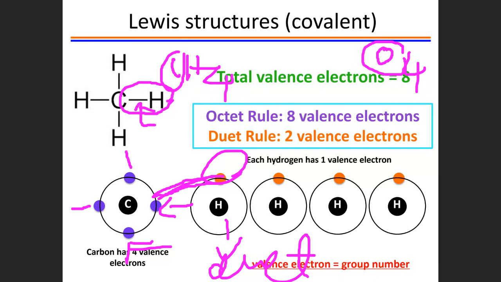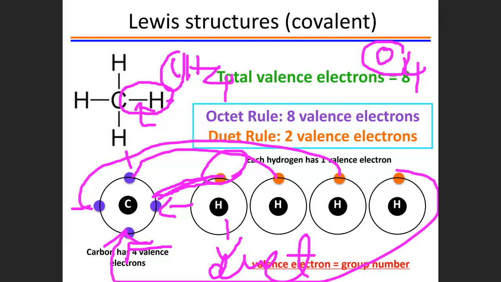So this line represents 2 electrons: 1 electron from carbon and 1 electron from hydrogen. Make sense? Similarly, since carbon has 4 electrons, carbon said, okay, my 1 electron for 1 hydrogen, let's share more, and I have 4 hands. This is 3 hands, and this is my last hand. So what happened? Hydrogen is happy to have the duet, carbon is happy to have the octet. This is actually the behind the scene of the covalent bond forming.